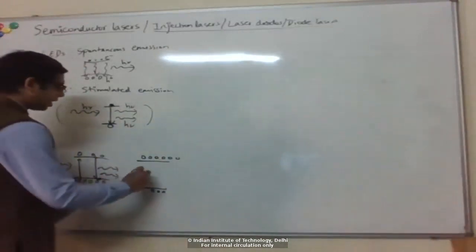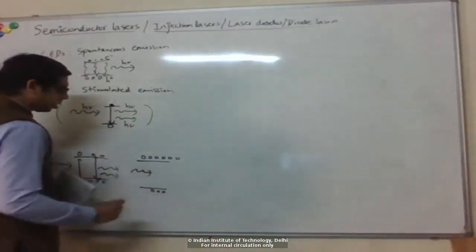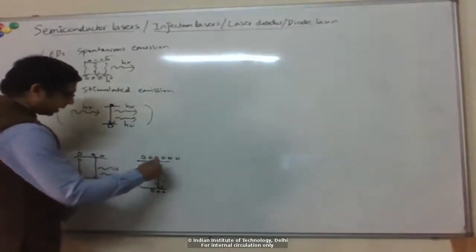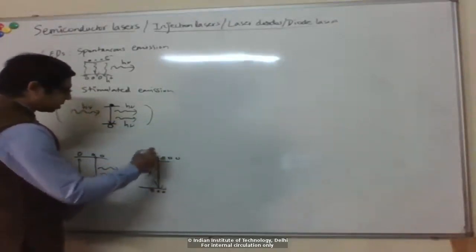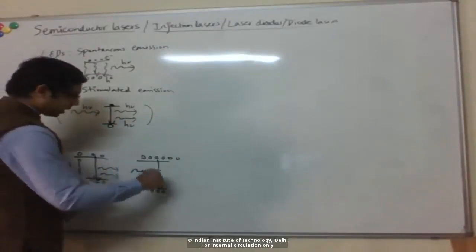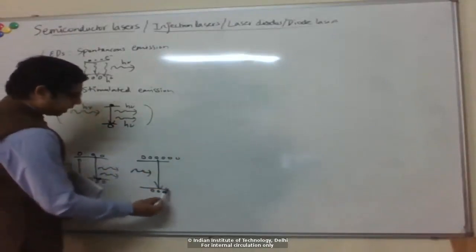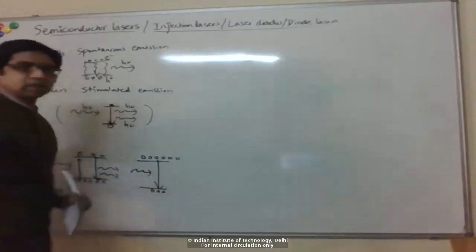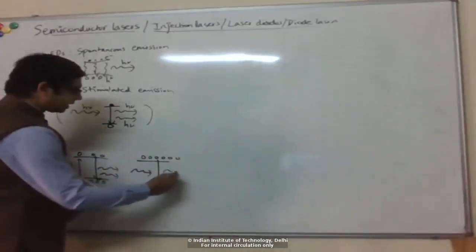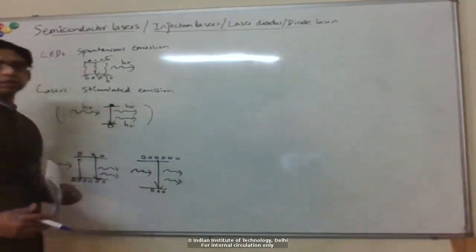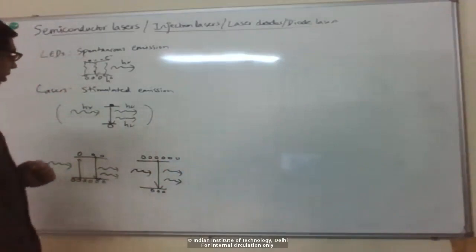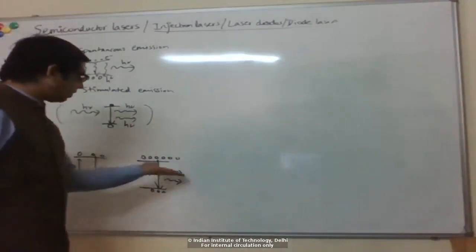Now if you have an incident photon or light coming in, the probability of it causing another emission event is higher because there are more atoms in the excited state, so it can stimulate an atom down to the ground state, and the probability for absorption is lower because there are very few atoms in the ground state. Under such conditions, the light will experience gain, because the emission probability is higher than the absorption probability.